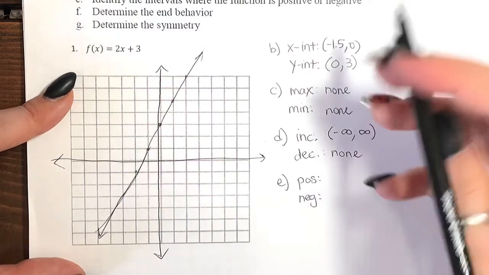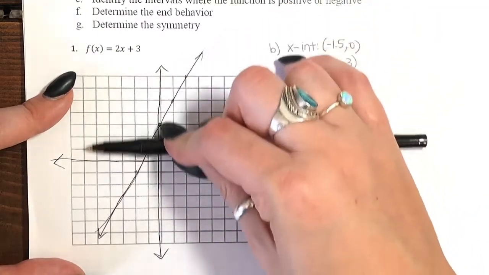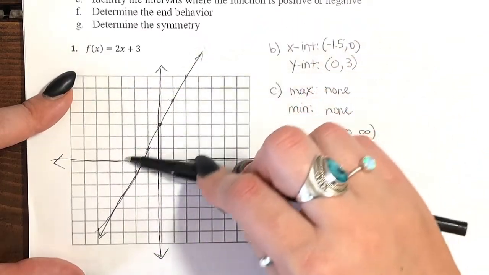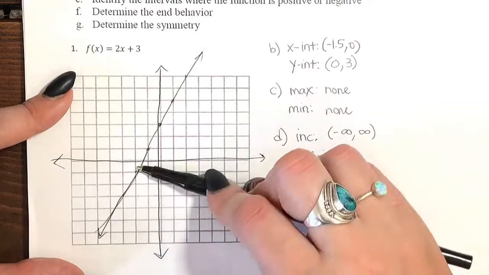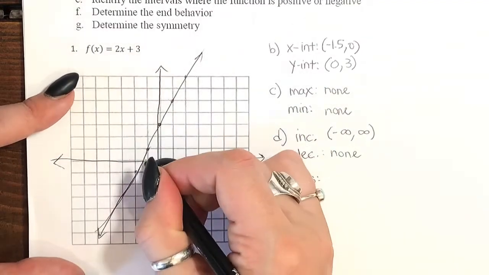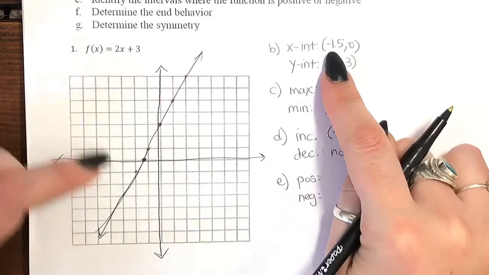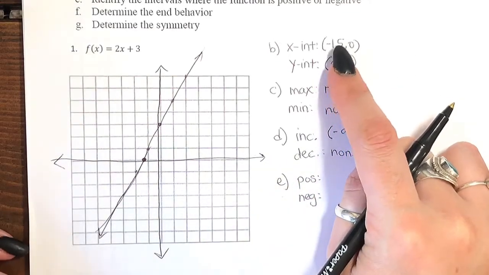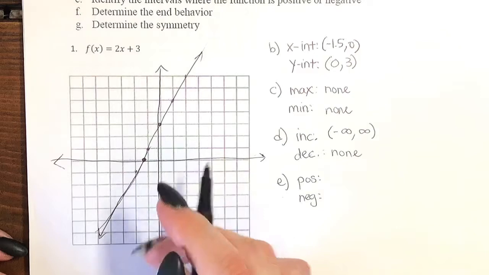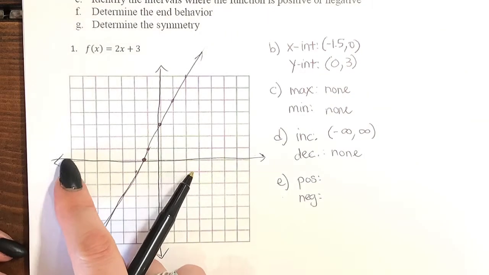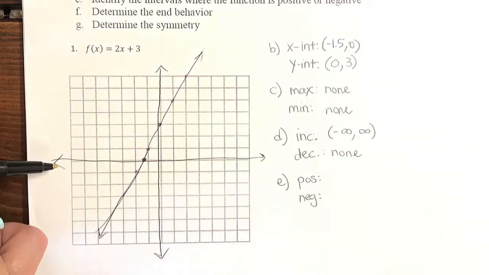For positive and negative, it's when it's above the x-axis versus when it's below the x-axis. So here's our positive section, and then here's our negative section. And then notice it's always going to switch where your x-intercept was. Our x-intercept was at negative 1.5. That's going to be your cutoff. So if I'm doing the negative section, I'm coming from negative infinity on my x-axis. Pretend I'm walking along my x-axis.